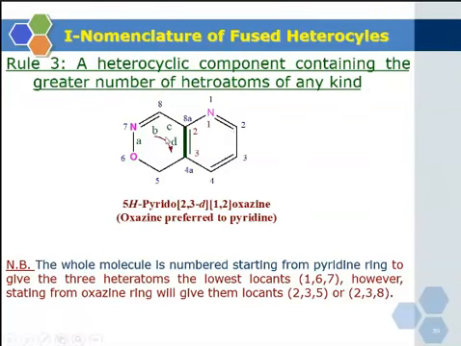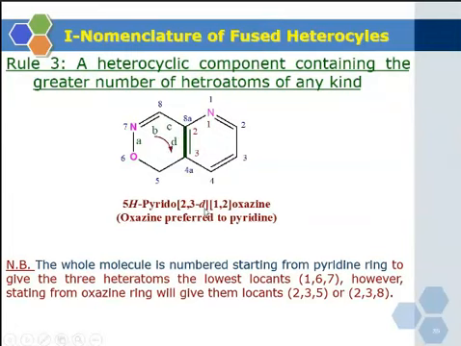Okay, here when we start the numbering, here what we have to remember, see, when we see a structure like this, this becomes the parent chain and this becomes the substituent. So the surface along which they are fused is the d surface of the parent chain.